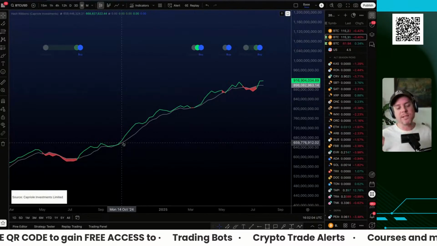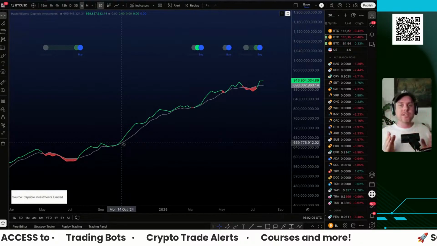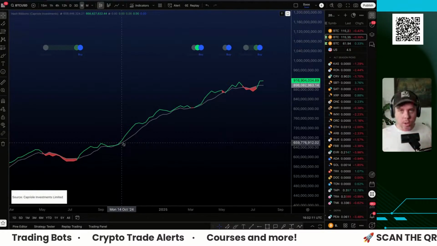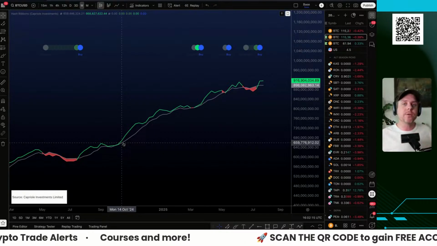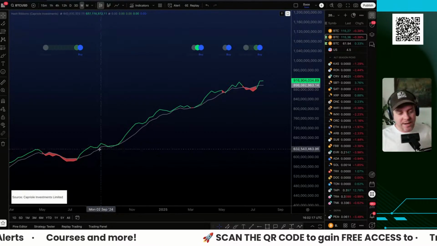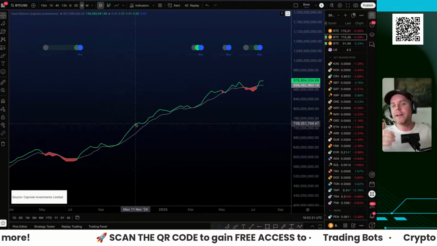So it represents the price at which the electricity costs to produce the Bitcoin are equal to the price of actually buying the Bitcoin. So when this green line is above the gray line, it's cheaper to mine Bitcoin than it is to buy Bitcoin.